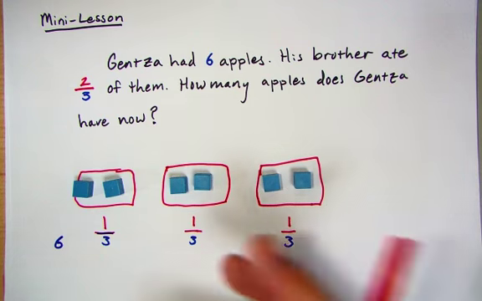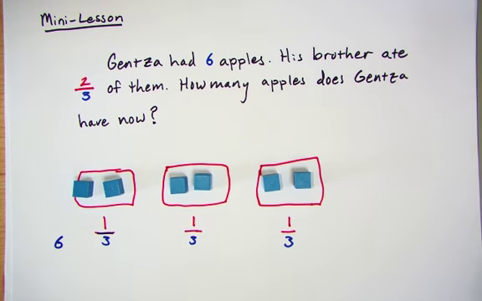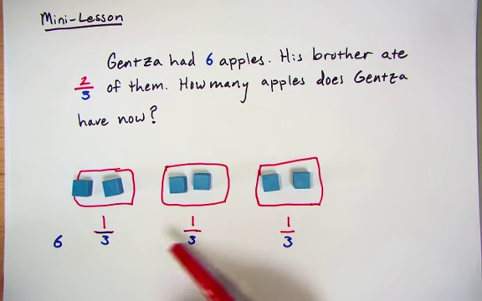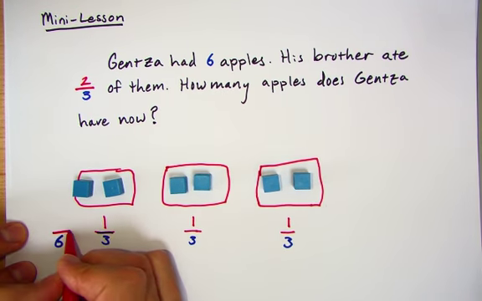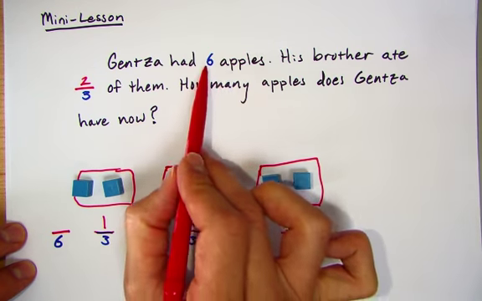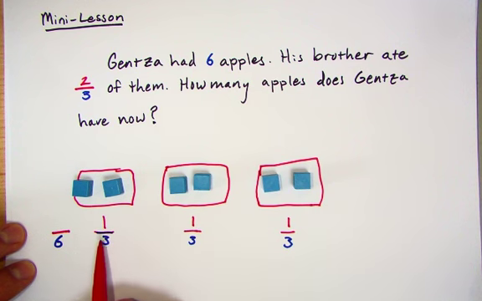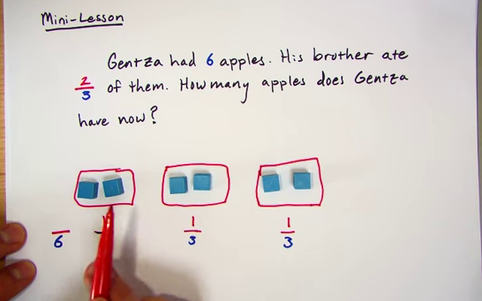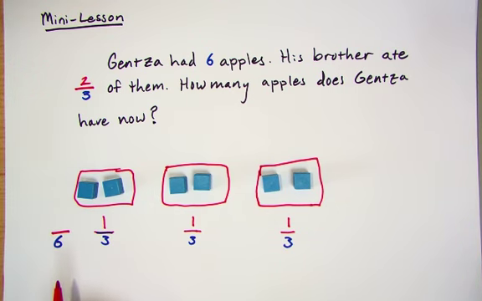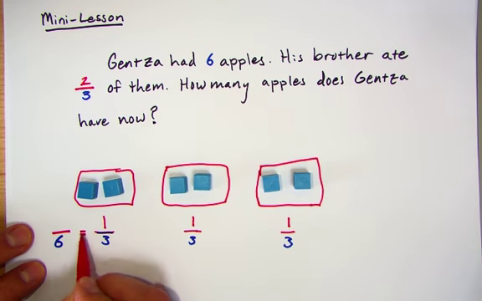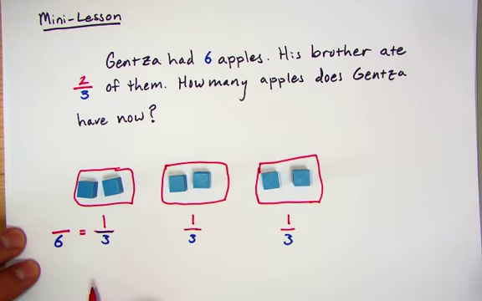They didn't disappear or combine to make 1 apple. I still have them. I just regrouped them to make 3 equal groups, you could say. But if I was to use 6 apples, or 6 as my denominator, what is the same as 1/3? What is equal to this 1/3?